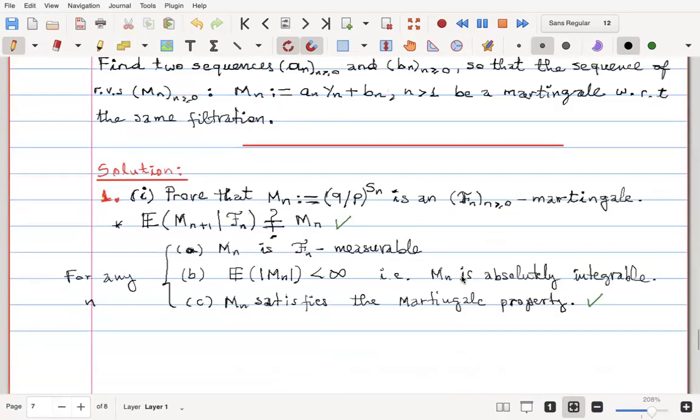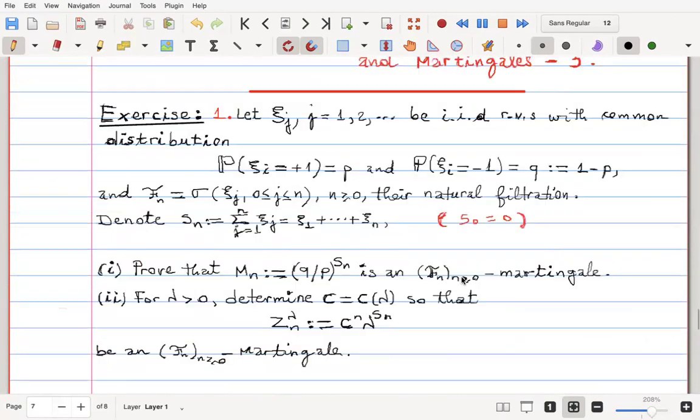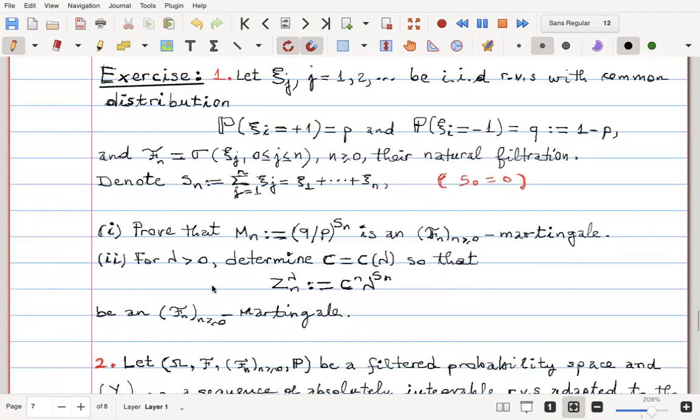So the second question, we want to determine c such that this expression is an F n martingale.